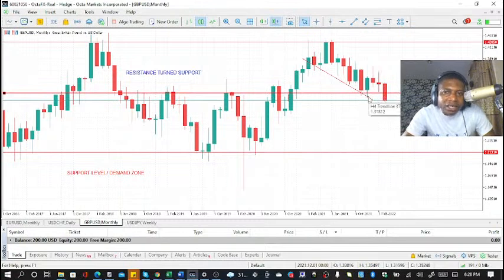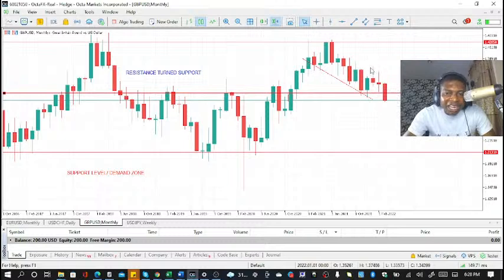And then price opened at this level, came down to that resistance turned support, and was rejected again, right? When price was rejected, price went up, but the game changed. As at this is March, February, January, the game changed. Price started coming down again.